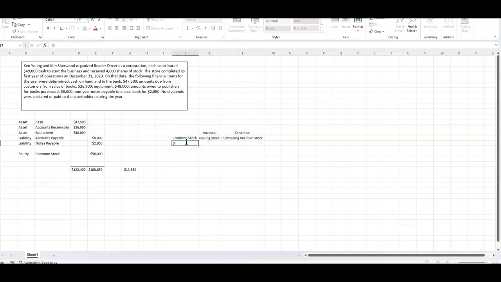The other thing that happens is dividends. There is no way that dividends increase equity. Declaring and paying dividends decrease equity. In fact, in an accounting world, declaring the dividend reduces the equity. But that's for a much later chapter.